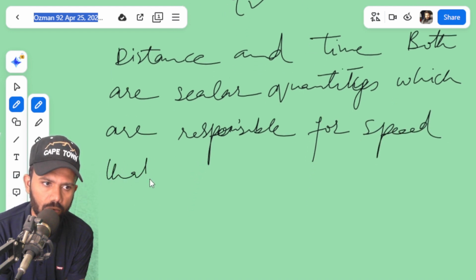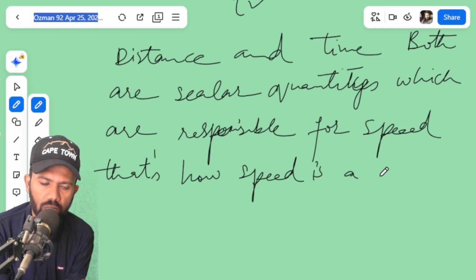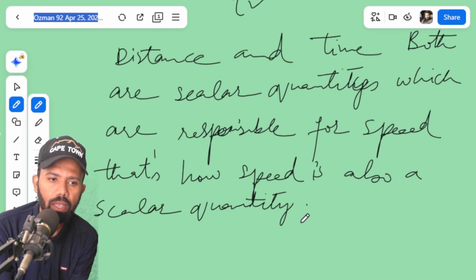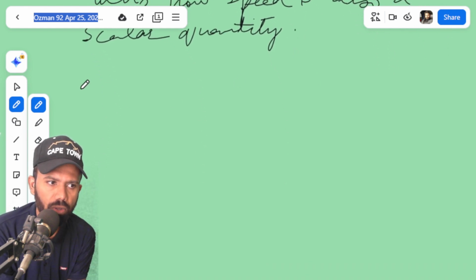That's how speed is also a scalar quantity, right? And next we have velocity.